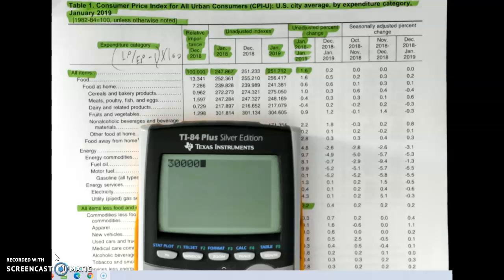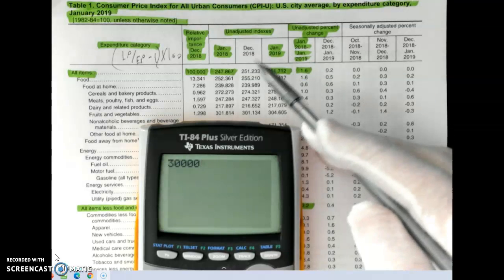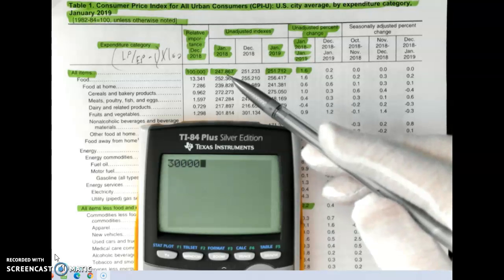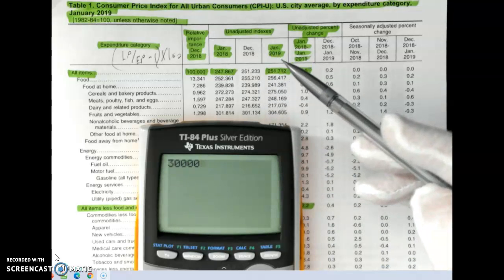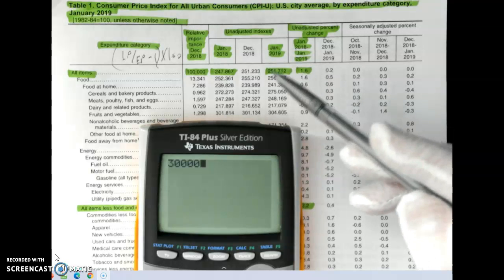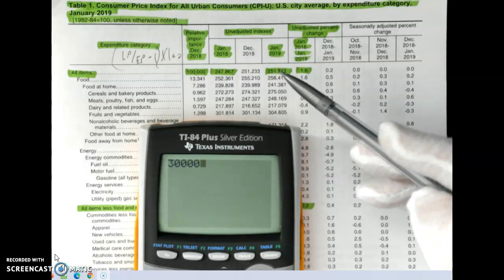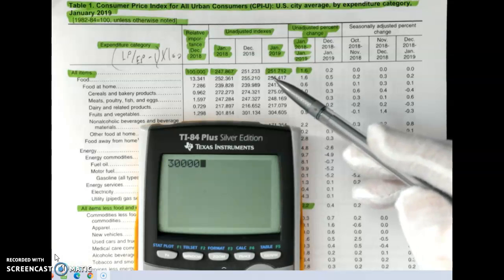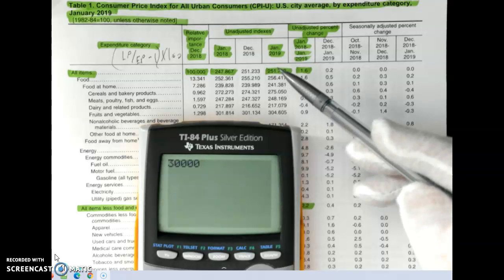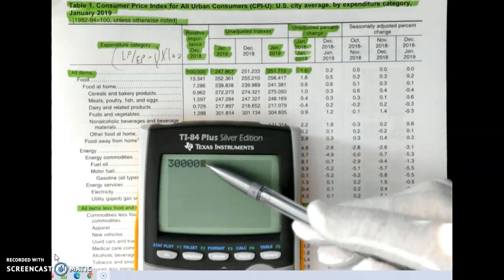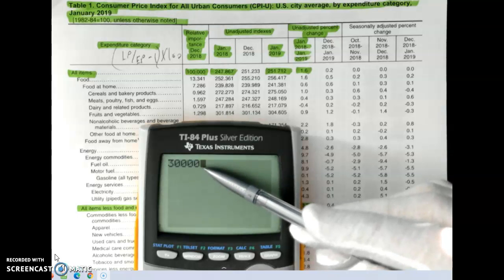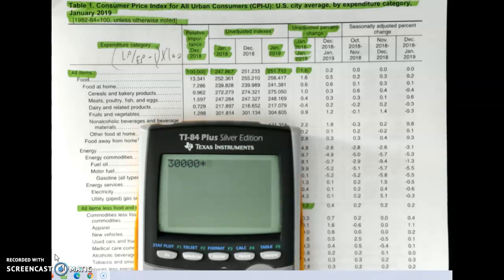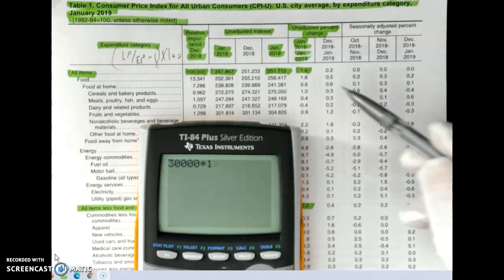If you make $30,000 a year in January 2018, that's going to get you a certain amount of goods. That's going to be a lot more than if you spend $30,000 in January 2019, right? Because everything's higher. How do we determine how much more costly it is to buy the same basket? Well, you take the $30,000 that you're spending, or whatever it is, and you increase it by the percentage. The way to do this is to just multiply the 30,000 by 1 plus the percentage rate.